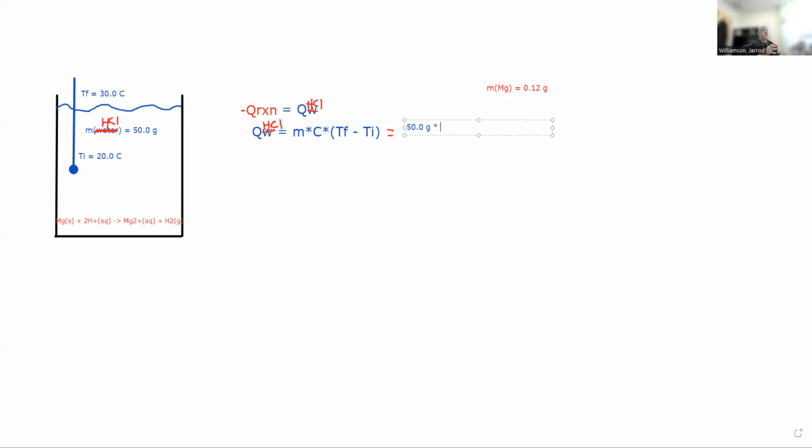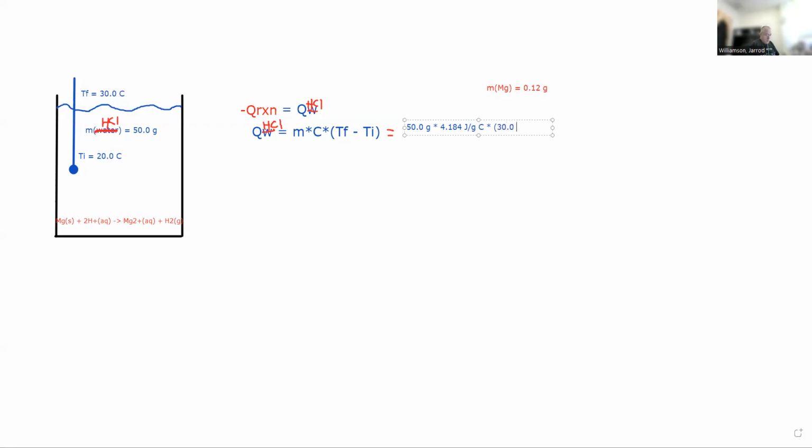So we're going to assume the specific heat capacity of hydrochloric acid can be approximated to be very similar to the specific heat capacity of water, 4.184 joules per gram per Celsius. It's a decent approximation.